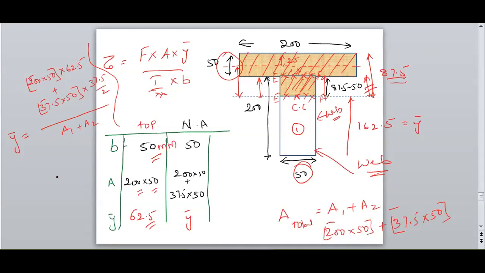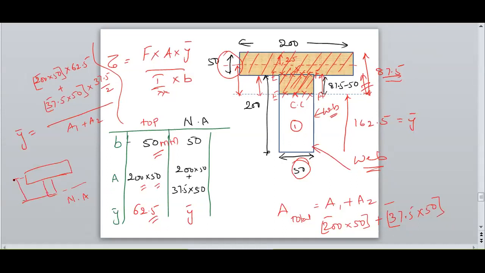So here I need to consider only a T cross section, that is the shaded area, from the neutral axis. Therefore, this value is Y1 and this will be Y2.